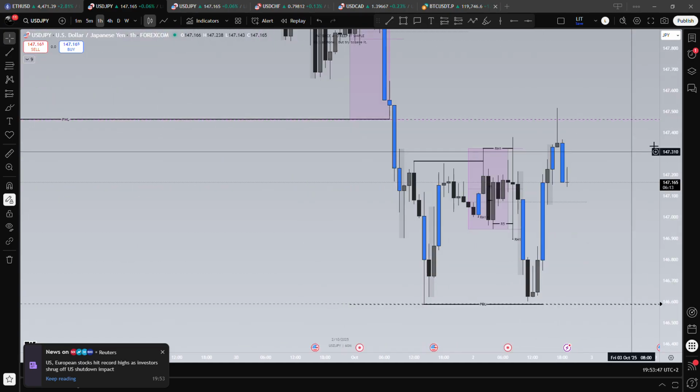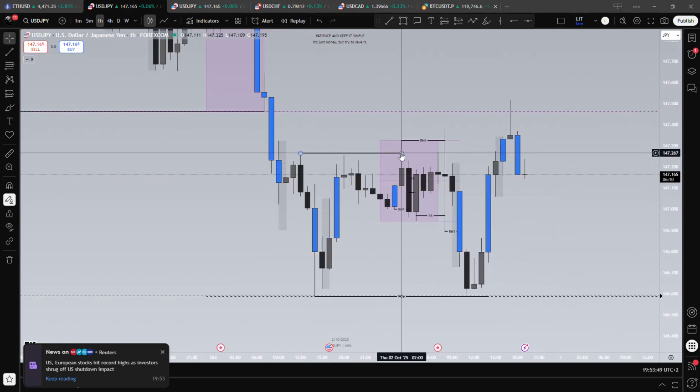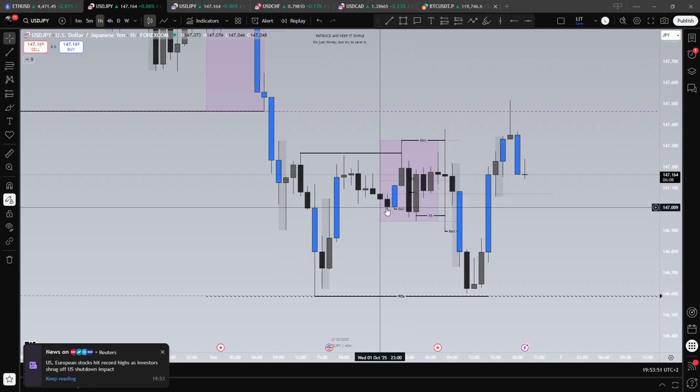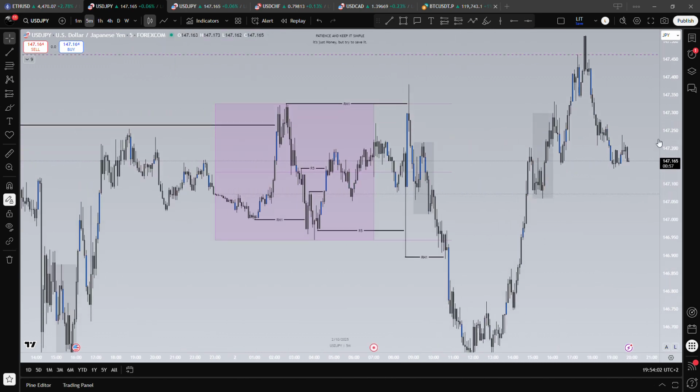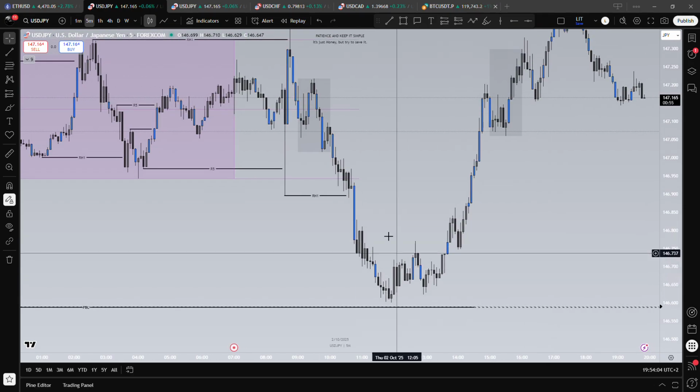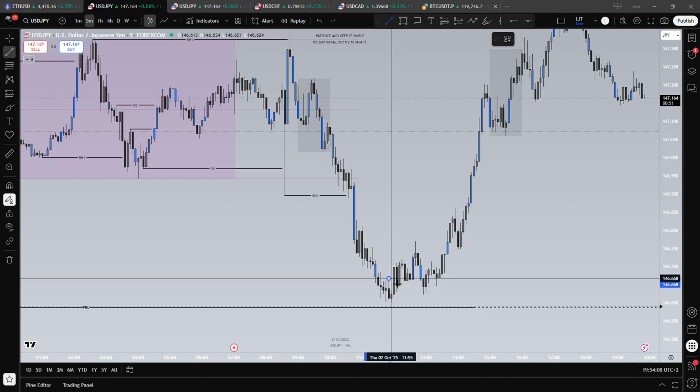Okay, so USD JPY. We had this break of structure here, leaving relevant liquidity on H1 here, relevant liquidity on H1 here, and then relevant liquidity on H1 here. I was expecting this previous daily low to be taken, but it didn't do that. This was out of timing, so no trades for me here, of course.